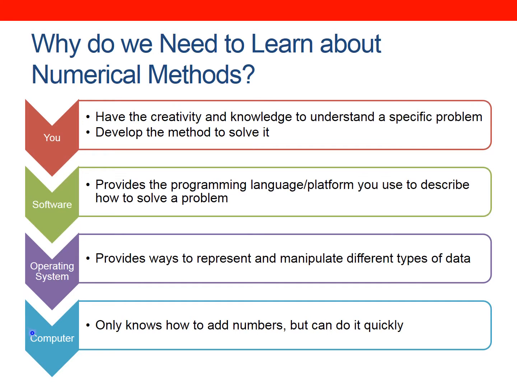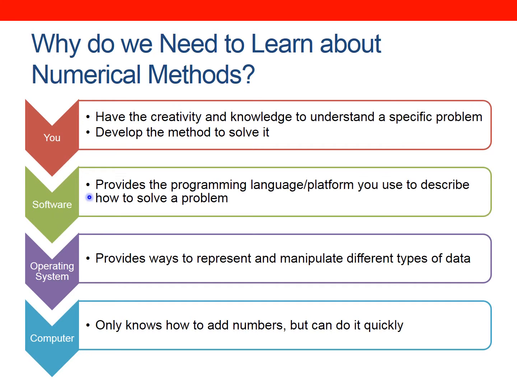So on top of what's controlling the computer is the operating system. This provides a way for us to represent and manipulate different types of data. So we can look at graphs, we can run statistical analysis, whatever. Then what we've got on our operating system is the software.